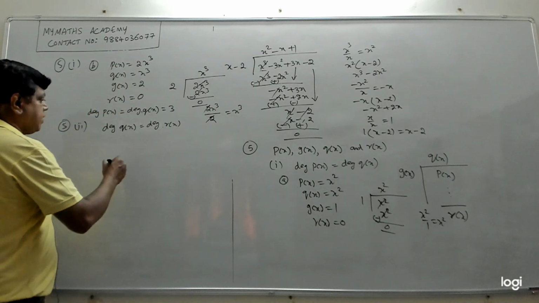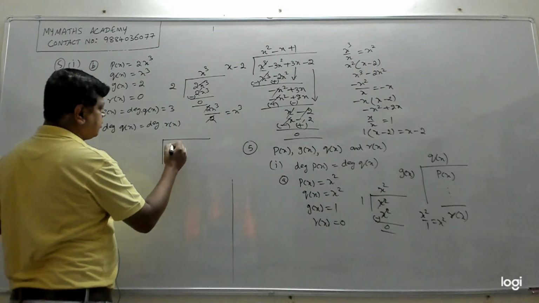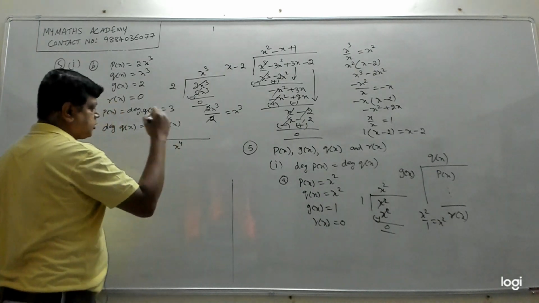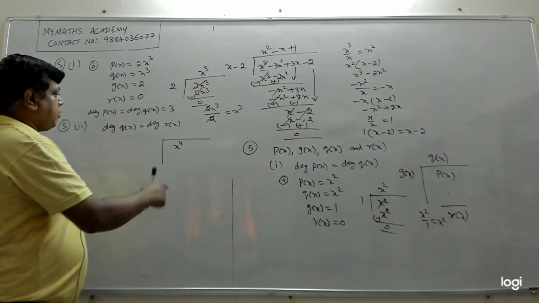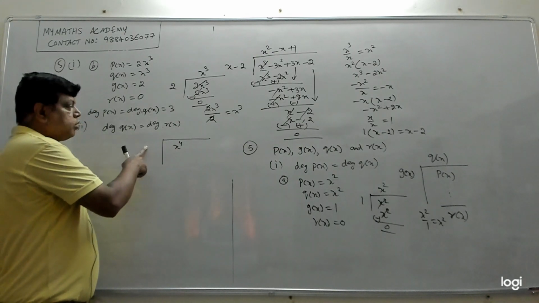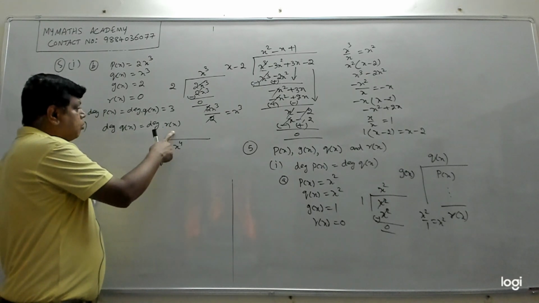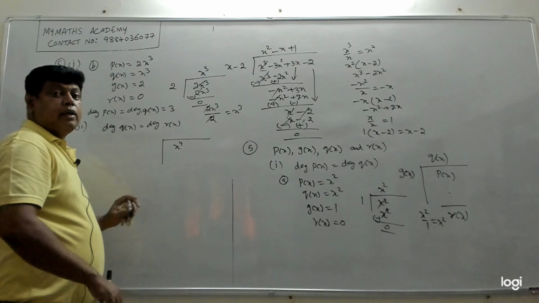So what do we do? We will go with the skeleton. Let's take any polynomial. I'll write only one term, x power 4, suppose. Now x power 4, I should divide by something so that I get some quotient and remainder, such that the degree of the quotient and degree of the remainder should be equal.